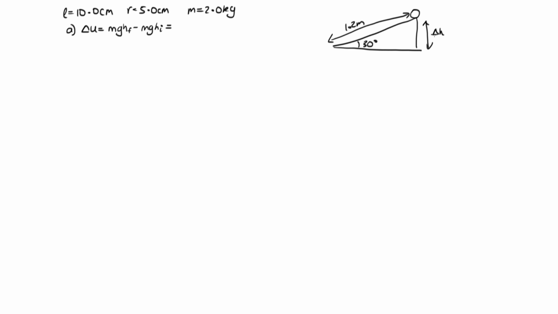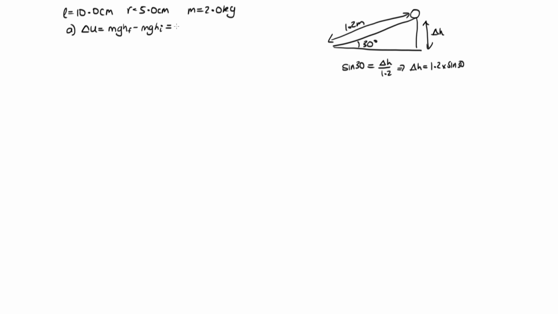This is our delta H here, and by looking at the trigonometry we can see that sine 30 is equal to the opposite, which is delta H over the hypotenuse 1.2. So that tells us that delta H is equal to 1.2 times sine 30.